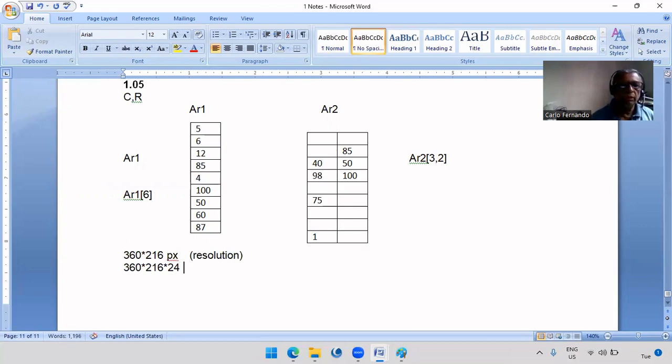And here it becomes bits. Then it becomes a size.